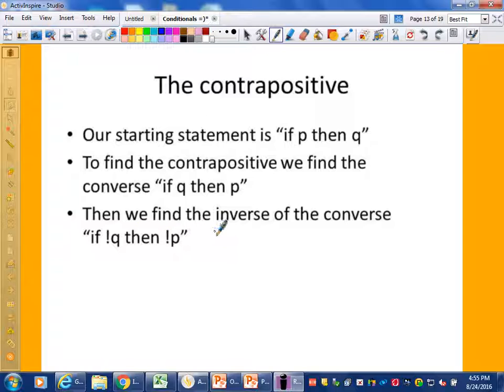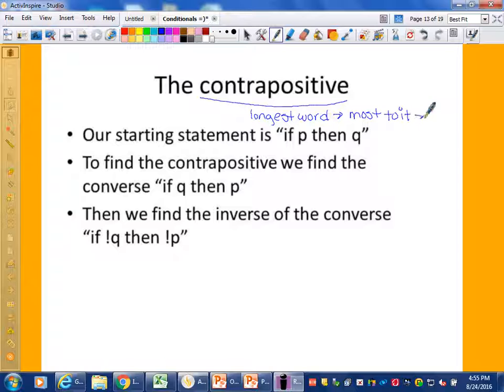To me, this sounds really confusing. So here's how I remember contrapositive. It's the longest word, right? So if it's the longest word, it means you do the most to it.